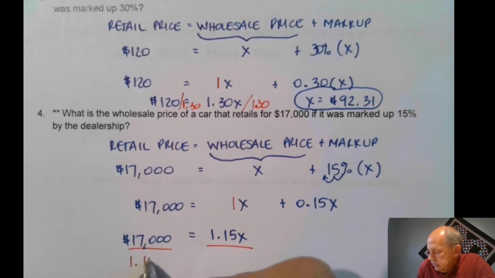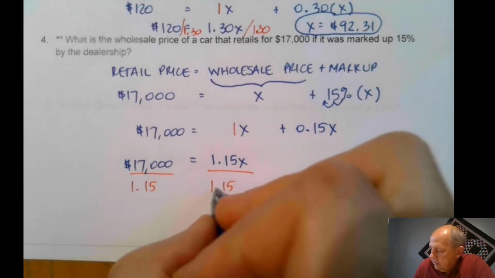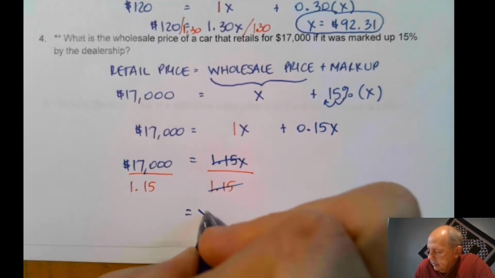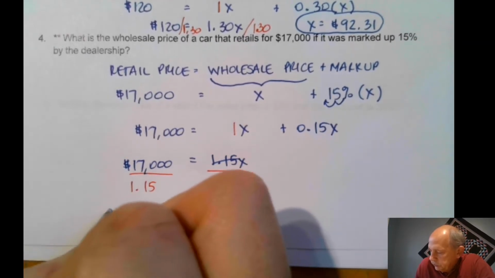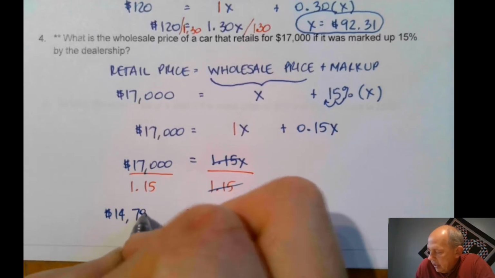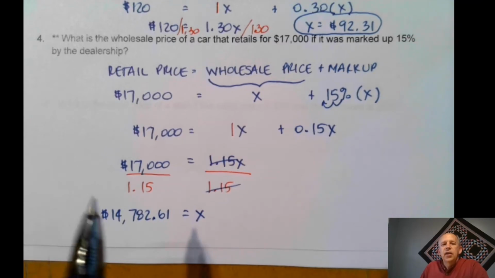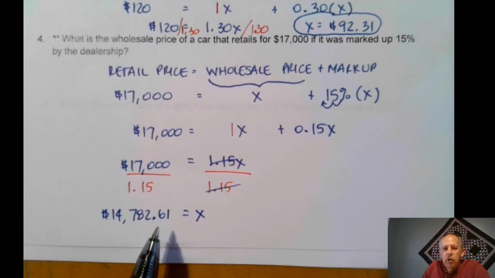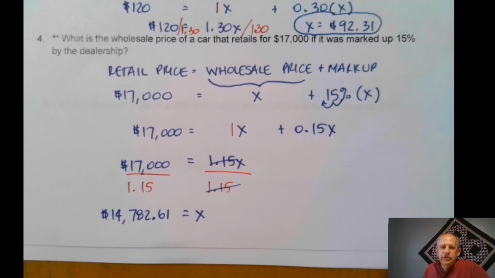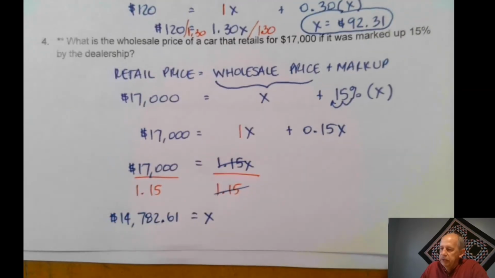To finish this problem off again, I would just divide both sides by 1.15, cancel, cancel, and my X value would be $14,782.61. That's what the dealership paid for the car. They marked it up 15% and sold it to you for $17,000. So there's how you would use that retail wholesale price formula.